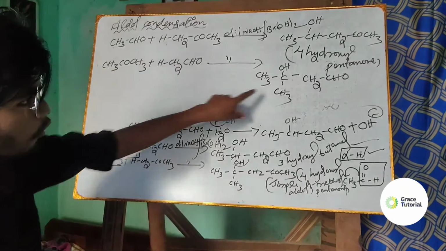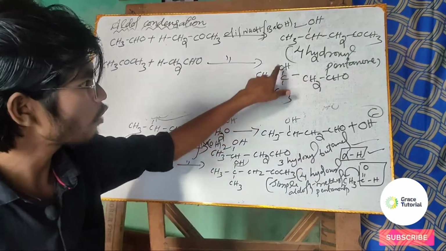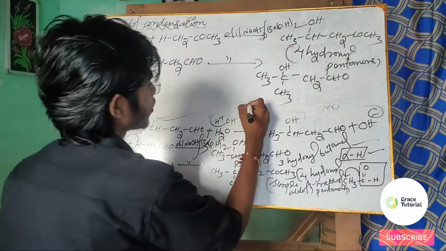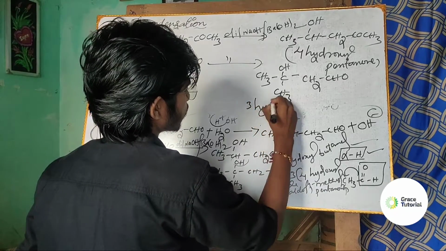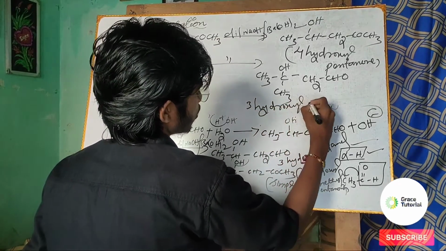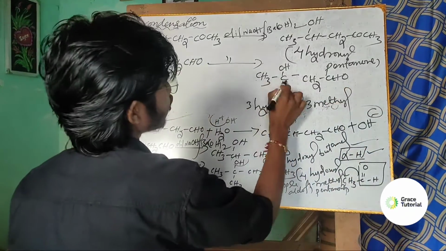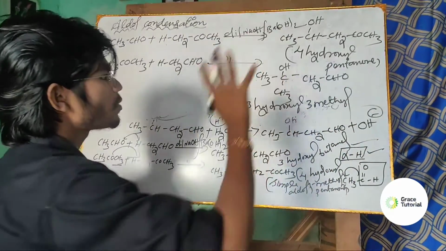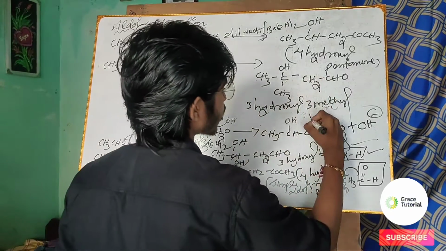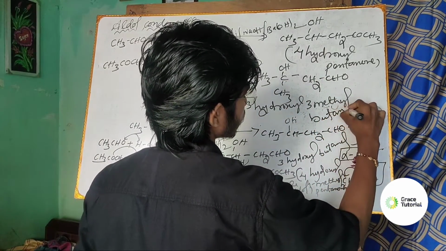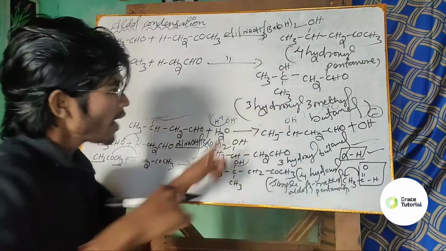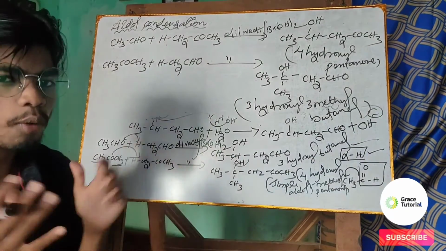So look here, 1, 2, 3. So 3-hydroxy 3-methyl, 1, 2, 3, 4. Since the aldehyde group is attached, that is butanal. So 3-hydroxy 3-methyl butanal is obtained.